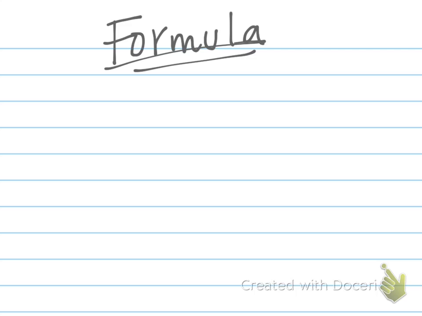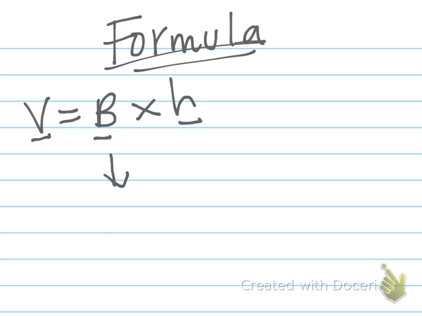I told you that the formula is V equals B times H, volume equals base times height. How do we get base again? Remember, that was length times width. Rewind this video if you don't remember that.